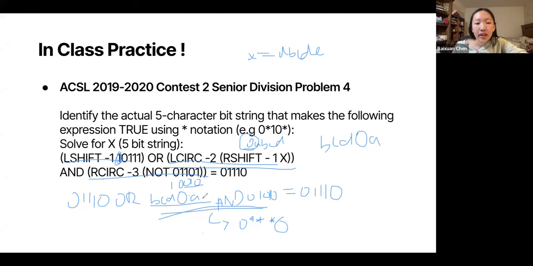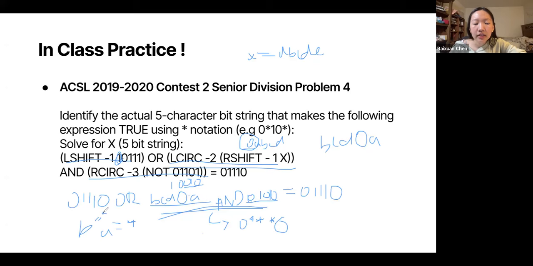Okay. So then we know BCD0A and 0, 1, 0, 1, 0 is equal to this one. Because of the and, and there's already a 0 here and a 0 here, B and A can both be equal to anything, right?